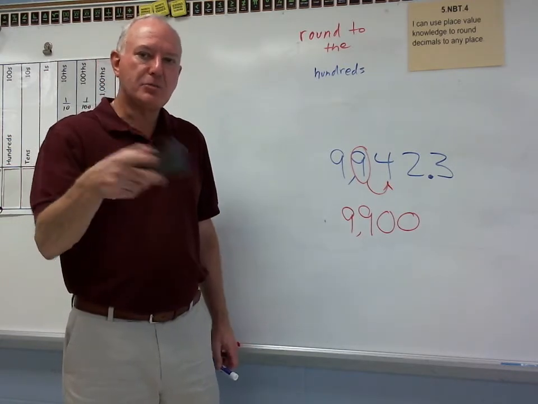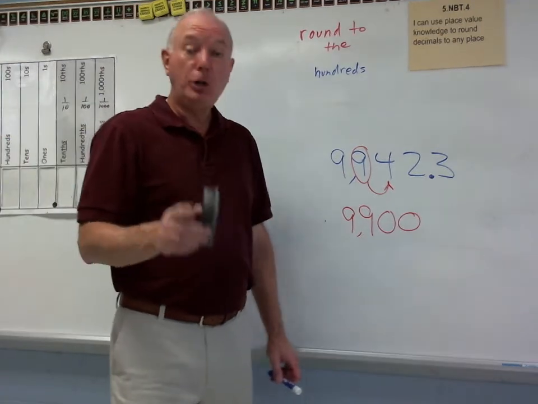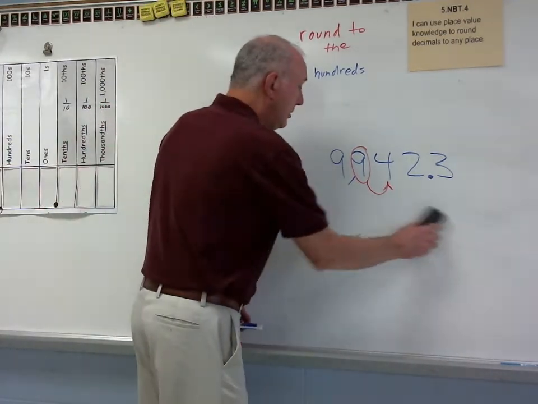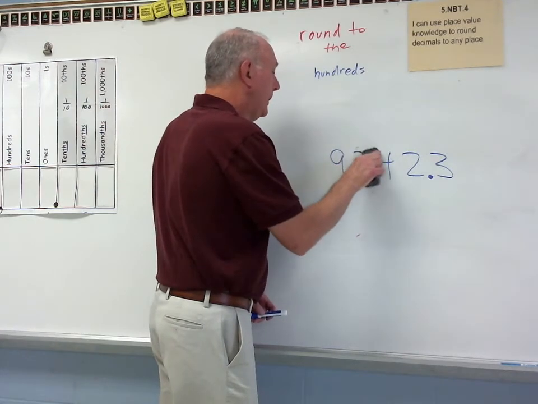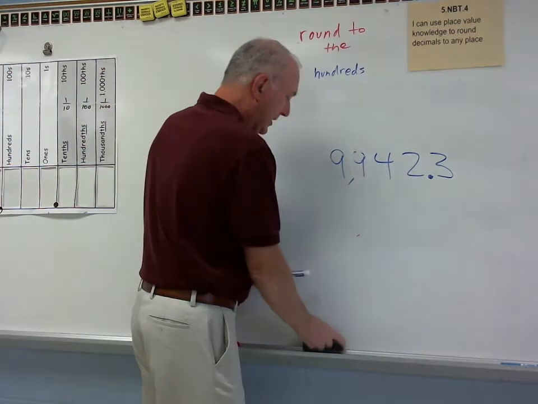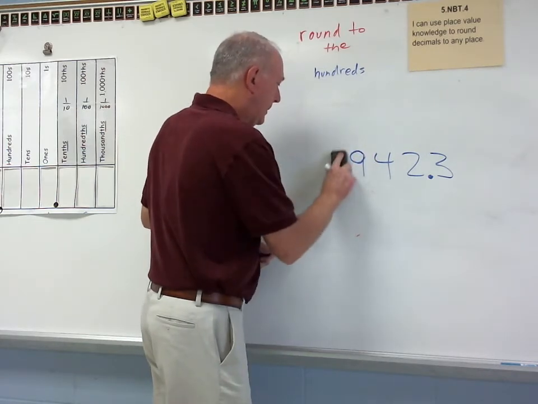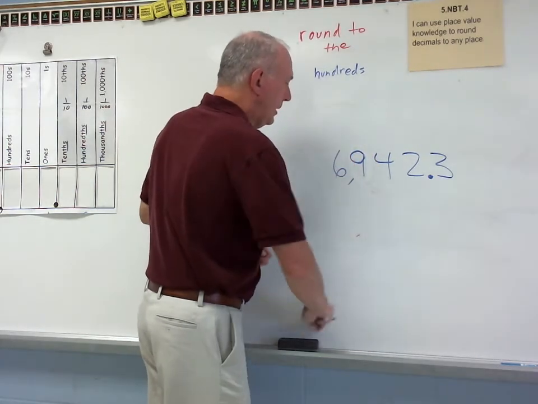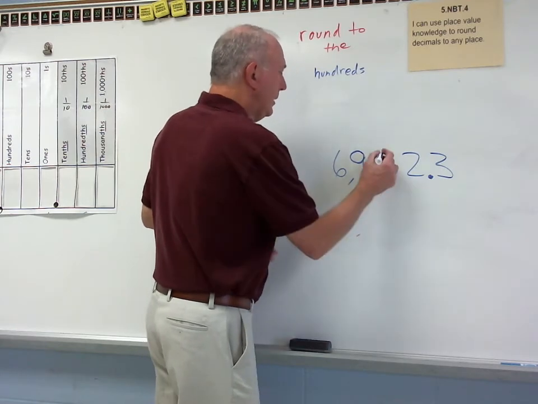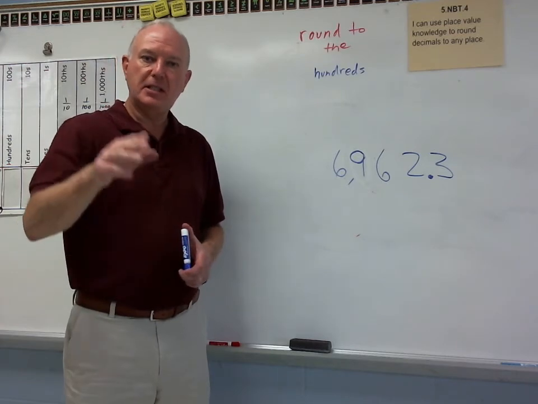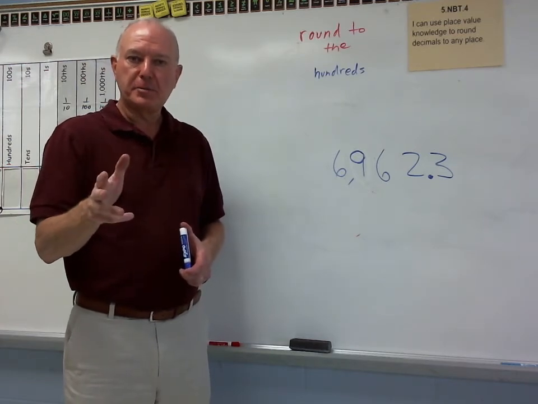Let me throw a little monkey wrench into this. What if this were the case? Now, this is one you better be watching closely because this is one you'll need to know. What about this? If it were this number, still, we're going to round to the hundreds place.